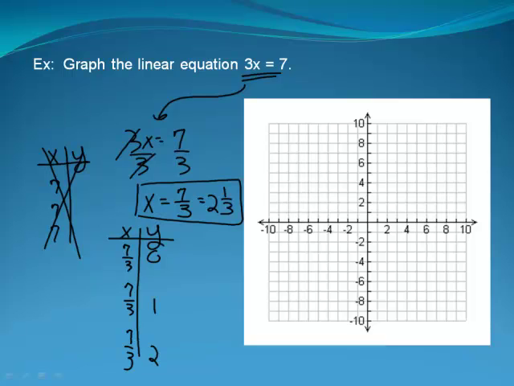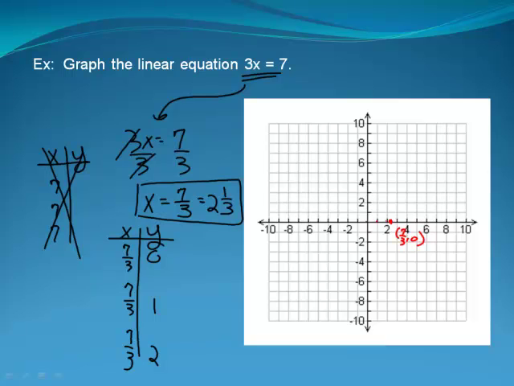All right, so let's plot those points. 7/3, 0, or 2 1/3, 0, is 2 1/3 to the right and 0 up or down. So 1, 2, and estimate 1/3 to the right and 0 up or down. That's 7/3, 0.